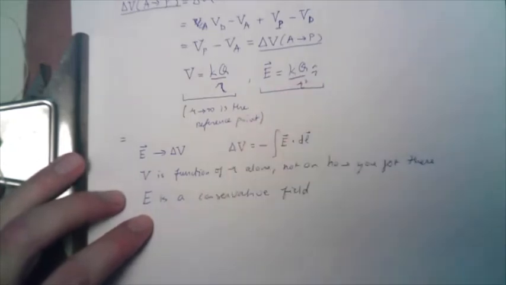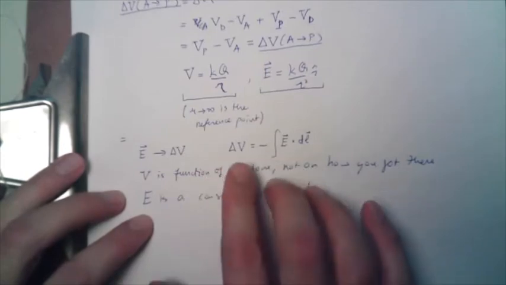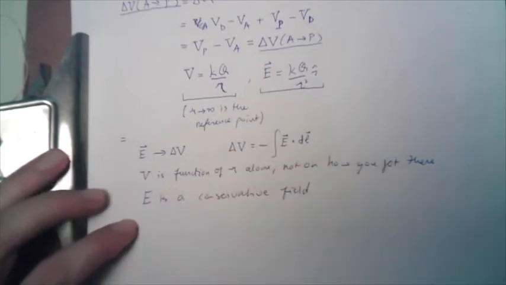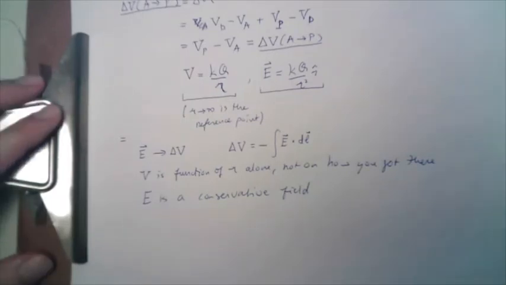I'll show you how to do that in a little bit, but before I do that, let's work on potentials with a slightly more complicated situation. So the potential of a dipole.